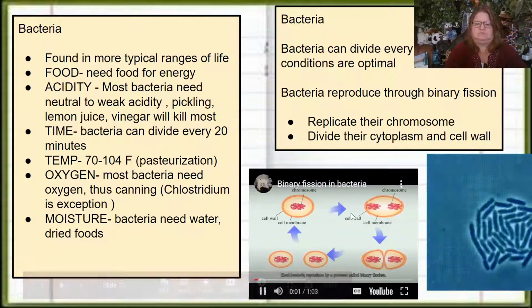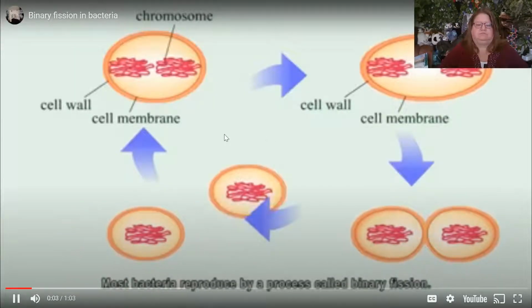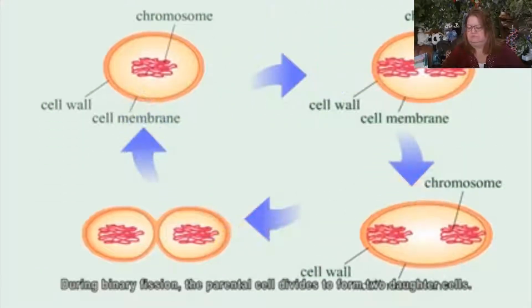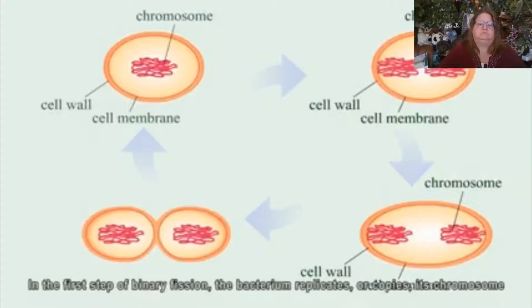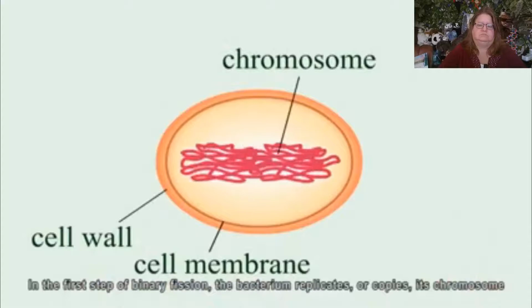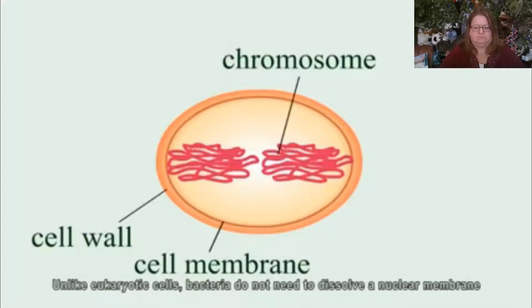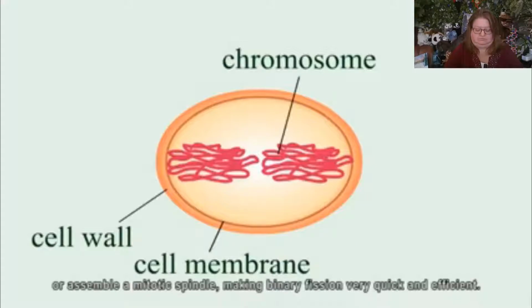Most bacteria reproduce by a process called binary fission. During binary fission, the parental cell divides to form two daughter cells. In the first step of binary fission, the bacterium replicates or copies its chromosome and attaches each identical copy to a separate location on the cell membrane. Unlike eukaryotic cells, bacteria do not need to dissolve a nuclear membrane or assemble a mitotic spindle, making binary fission very quick and efficient.